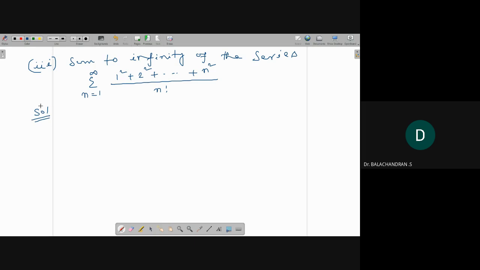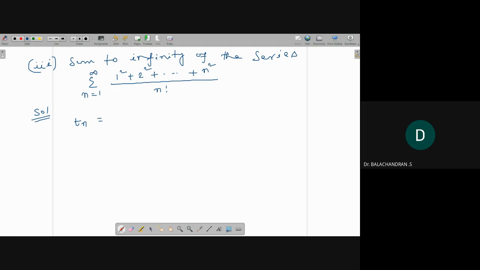So here, what is the nth term, Tn? N square by n factorial, sir. No. Sir, in the numerator, you want the formula of squares of numbers, sir.